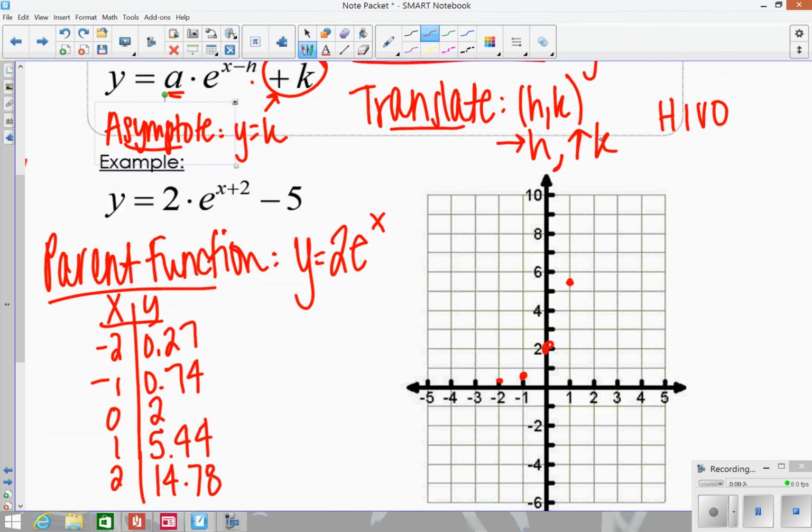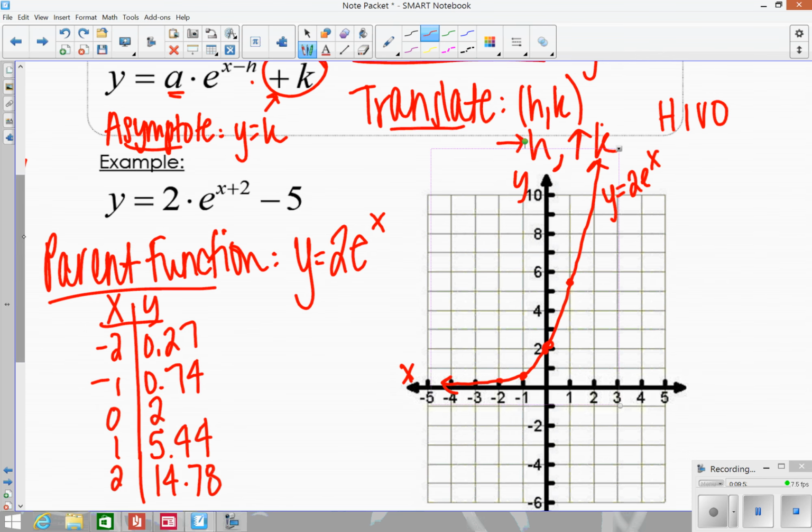And the 14 is going to be up here somewhere, so I'm just going to know that my graph is going to keep on going. And again, it's going to kind of flatten out, and it's going to go on forever. I'm going to label my axes. So my asymptote of this graph is y equals 0 because it's our parent function.